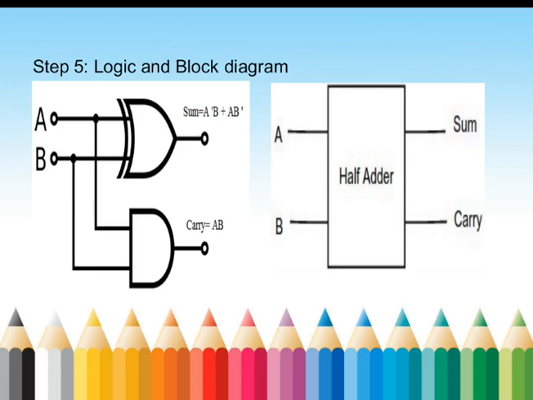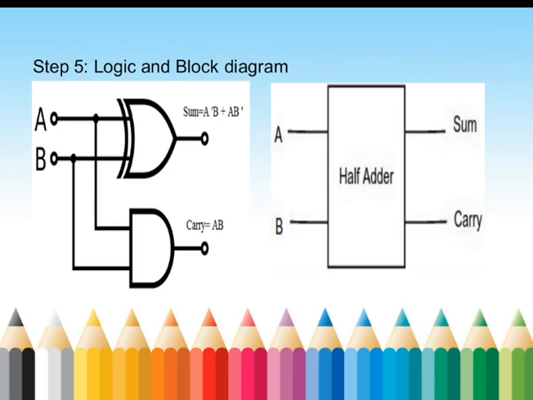So we use one XOR gate to obtain the sum expression, and one AND gate to obtain the carry expression from the input variables A and B. Similar to the logic diagram, the block diagram is designed by converting the logic gates into a combinational half adder block with input variables A and B and output variables sum and carry. This is the half adder circuit.